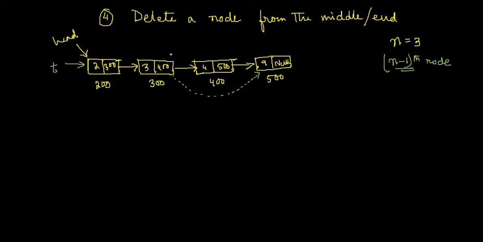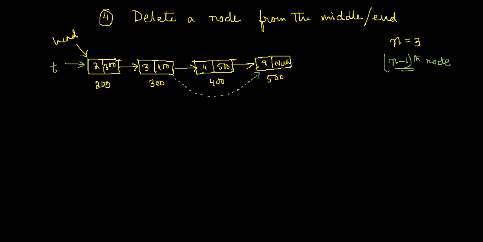Because I have to reach over here, and the value of n is 3, how many times do I have to traverse? If n equals 3, I have to traverse once.